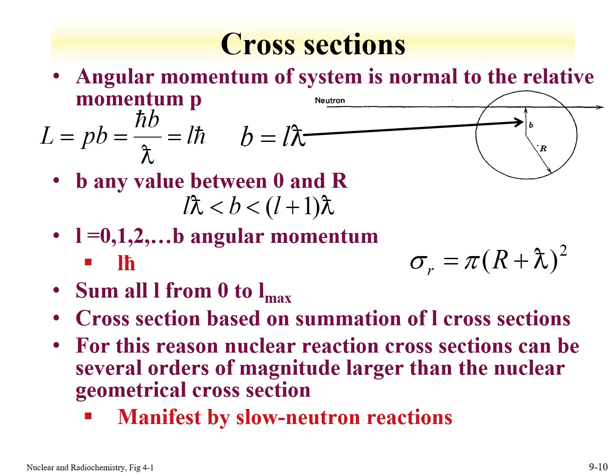And we can see that the cross-section is now going to be based upon a summation of the system angular momentum cross-sections related to the impact parameter. And it's for this reason that nuclear reaction cross-sections can be much larger than the nuclear geometric cross-section, so the physical space. And this is really manifest by slow neutron reactions.